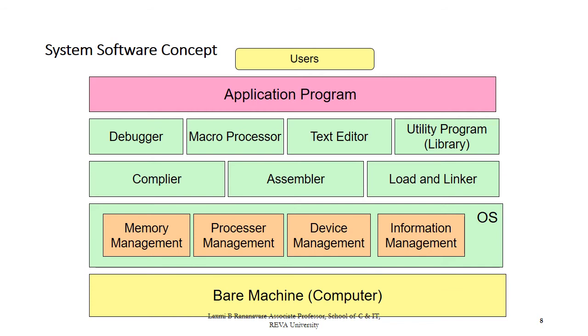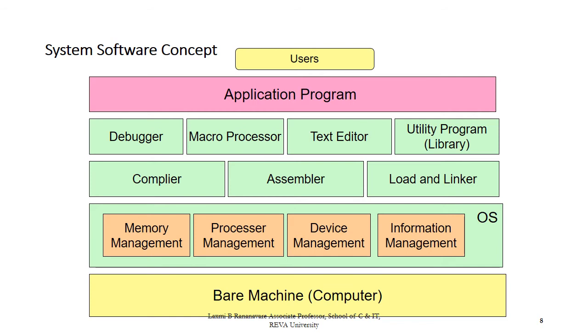Similarly, processor management: all the instructions are processed by the processor, or central processing unit, and this is managed by the operating system. Third one is device management. There are several devices connected to the computer.